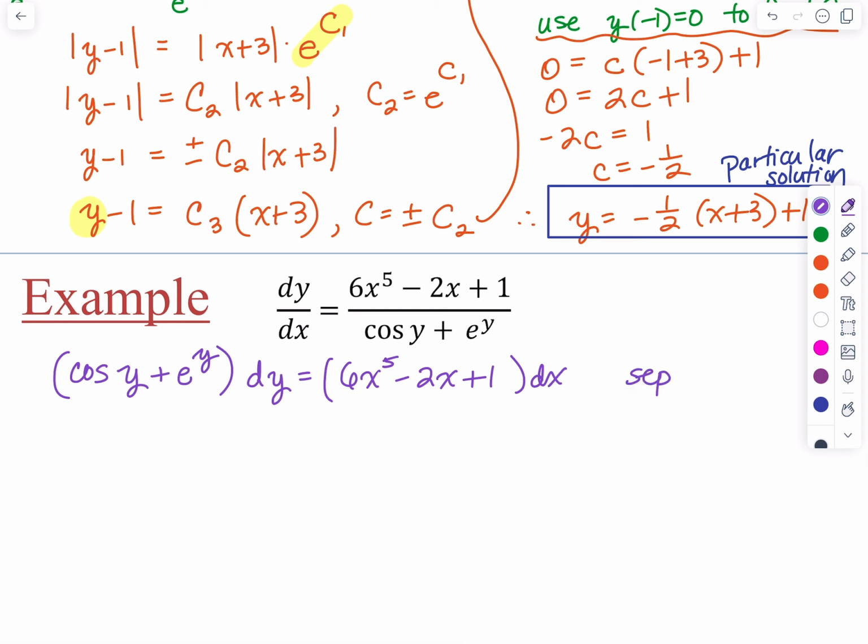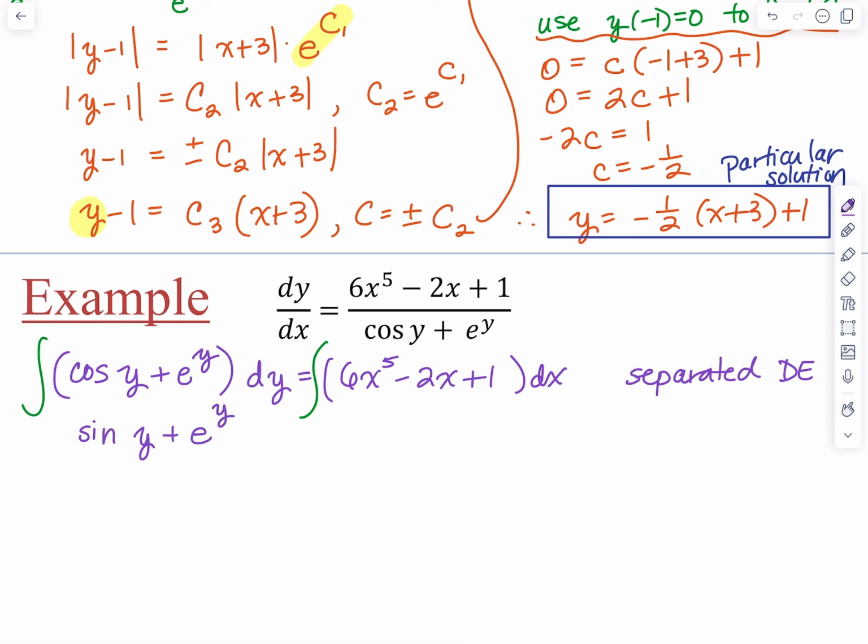So we now have separated the DE. Now we will go ahead and integrate. And here we have the sine of y plus e to the y is equal to x to the 6th minus x squared plus x plus a constant.